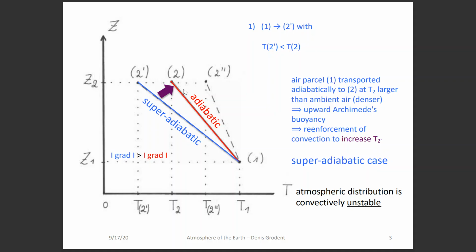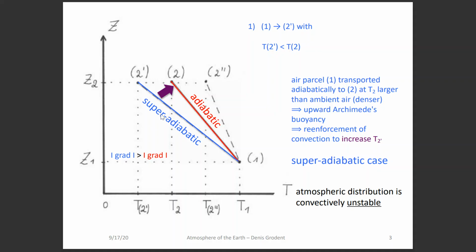And if we assume, for example, air parcels that cool down from 1 to 2, this one will have a higher temperature, which means a lower density than the atmosphere, so it will just continue to rise. It can be compared to a balloon full of air that continues to rise because the density is lower. So this is a reinforcement of convection.